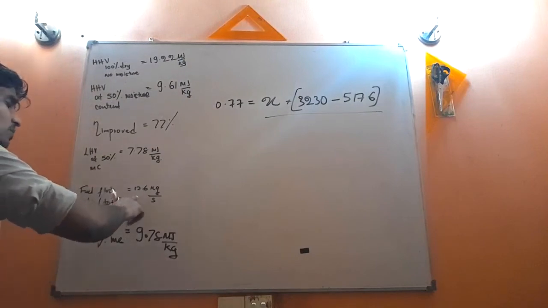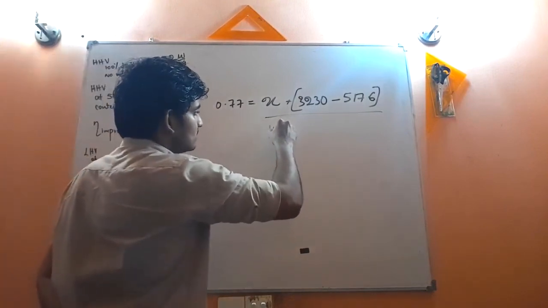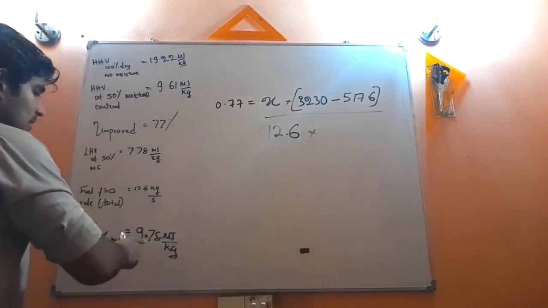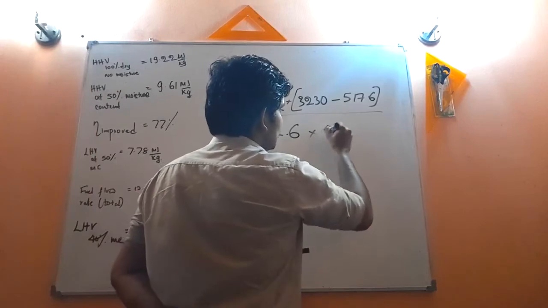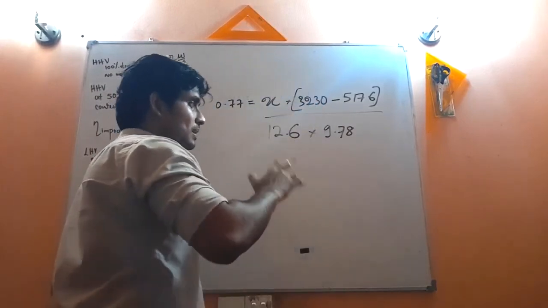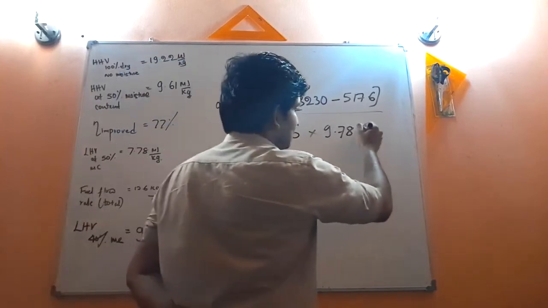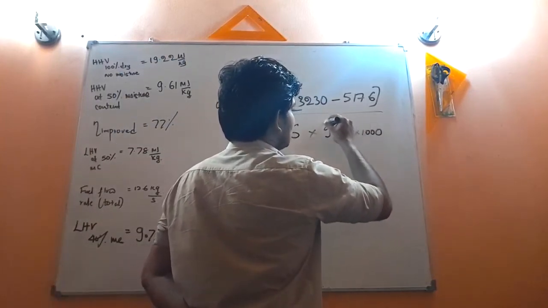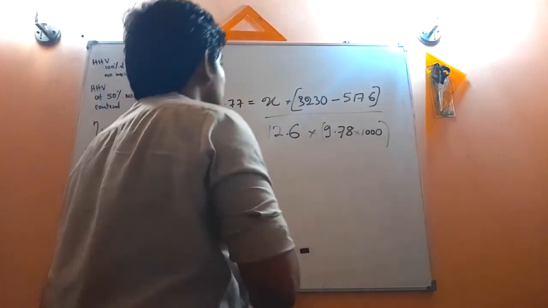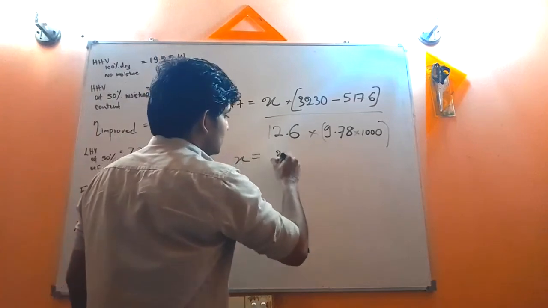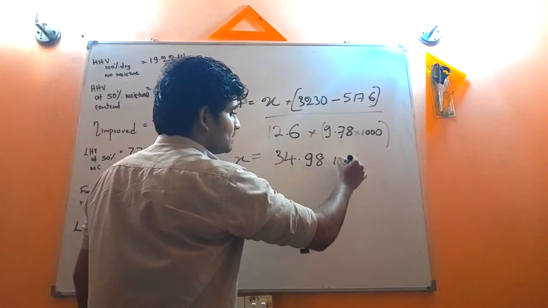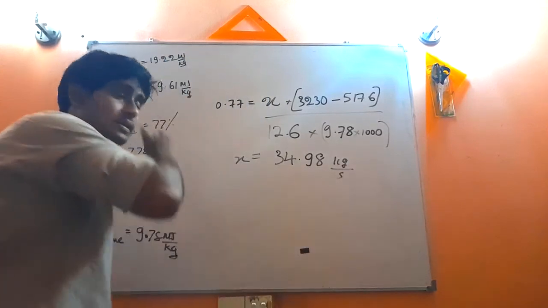That we have calculated, that is 12.6, multiplied by the lower heating value 9.78. But the units are megajoules per kilogram, so please multiply that by 1000. So X equals 34.98 kilograms per second, the new steam flow rate.